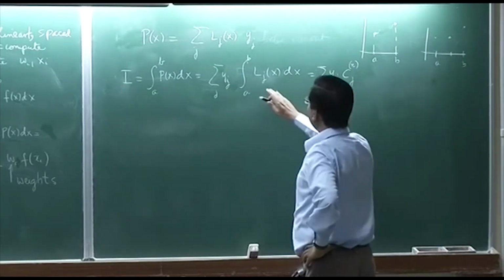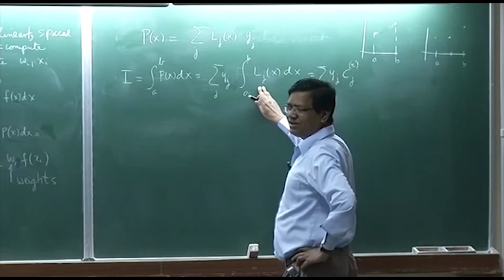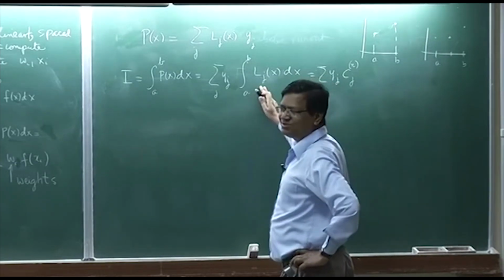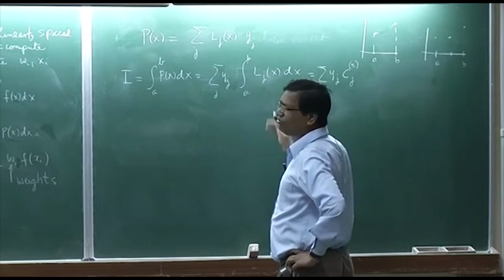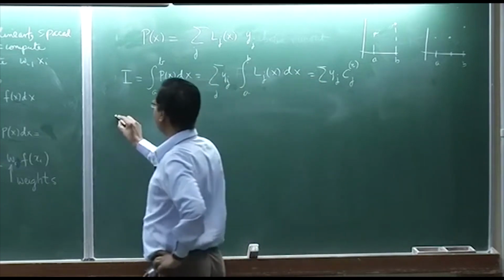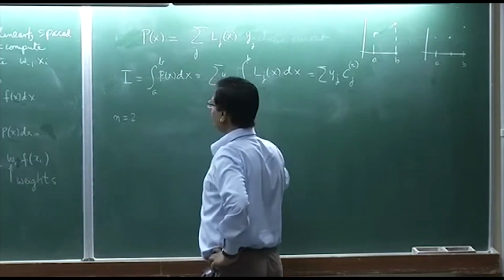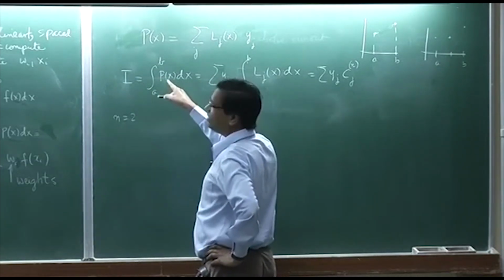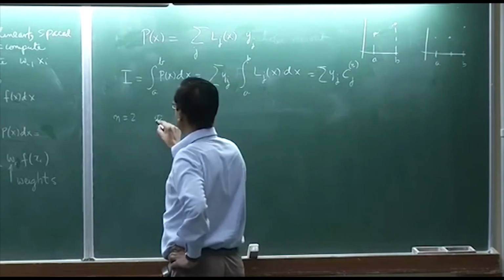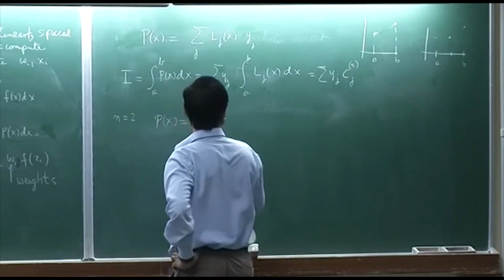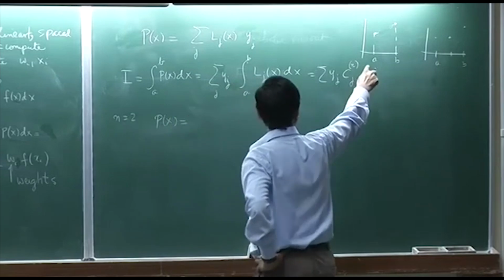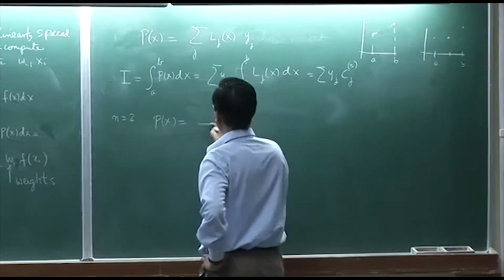Okay, so we need to integrate this. Now let's do some trivial functions. n equal to 2. What is my f(x)? Lj. So let's look at p(x). In fact, we did this before.